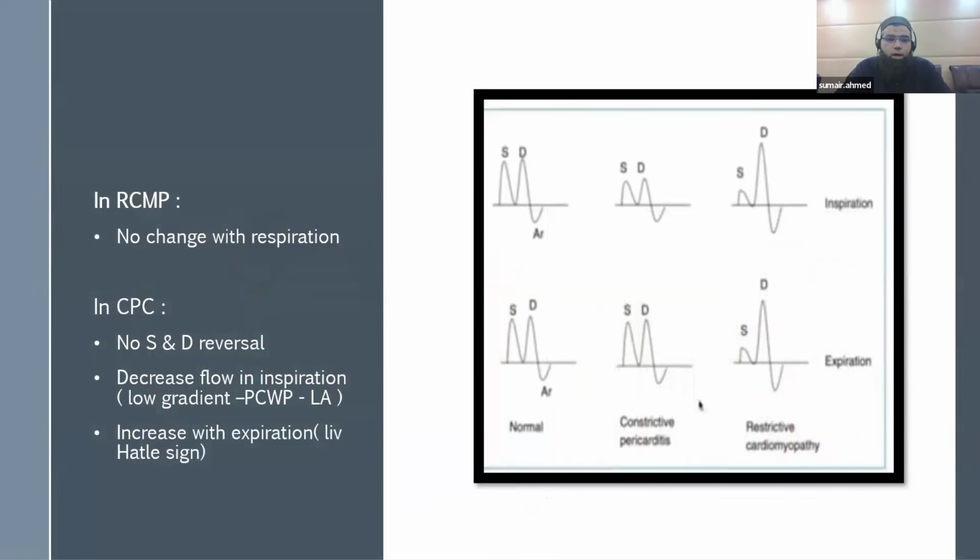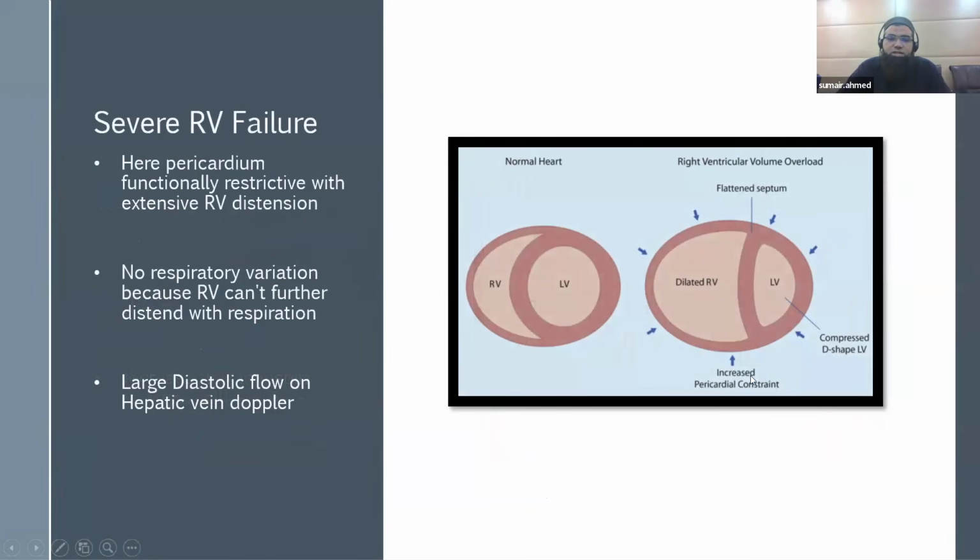In the hepatic vein, there is no change with respiration, and the flow is decreased during inspiration. Severe RV failure is also functionally restrictive, but we can differentiate it from constrictive pericarditis because there is no respiratory variation and there is also diastolic flow reversal in the hepatic vein.